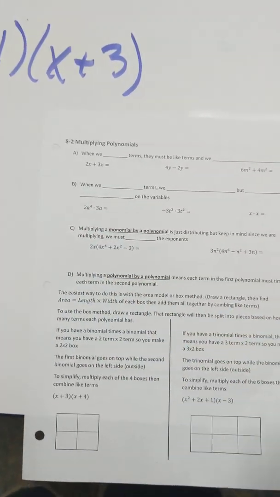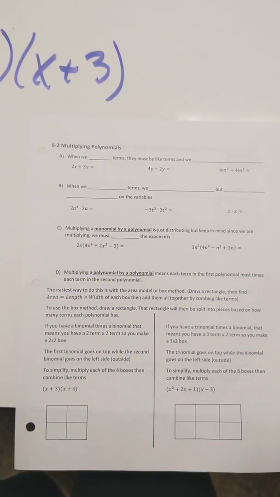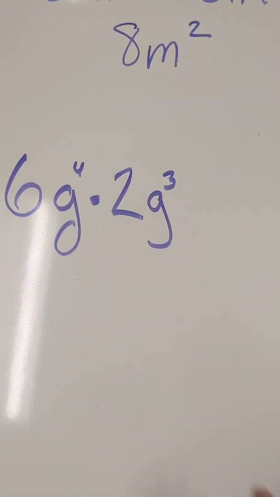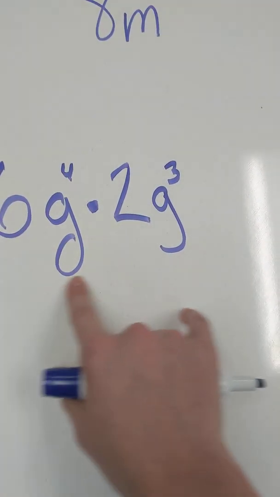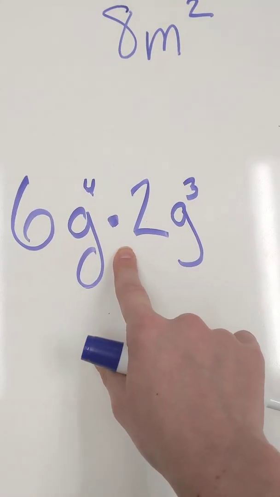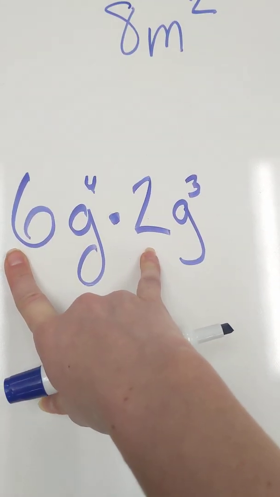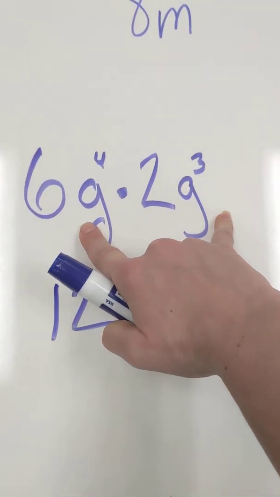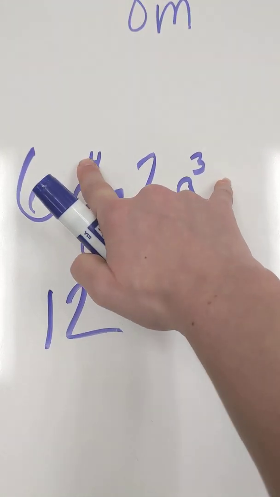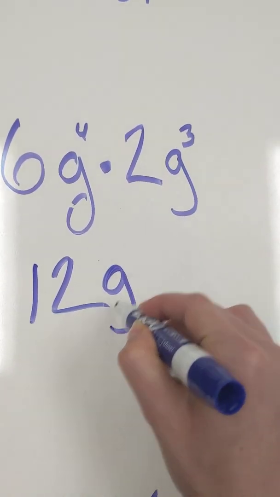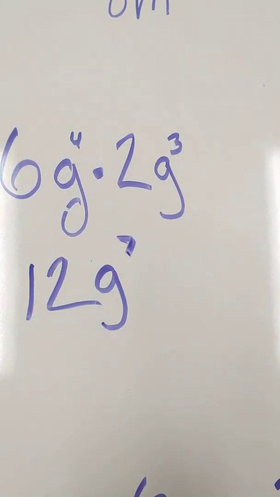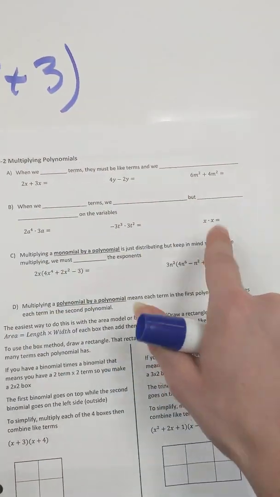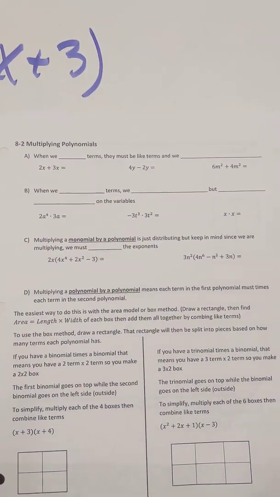So when we're multiplying, you multiply the coefficients, the number in the front, but you add the exponents on the variables. Now we don't need like terms because this is one big term right here because we're multiplying. So I'm going to multiply my coefficient. 6 times 2 gives me 12. And then g to the 4th times g to the 3rd, I'm going to add these exponents to get g to the 7th. So now come back and do these 3 examples, and then check it with the key, and then come back.